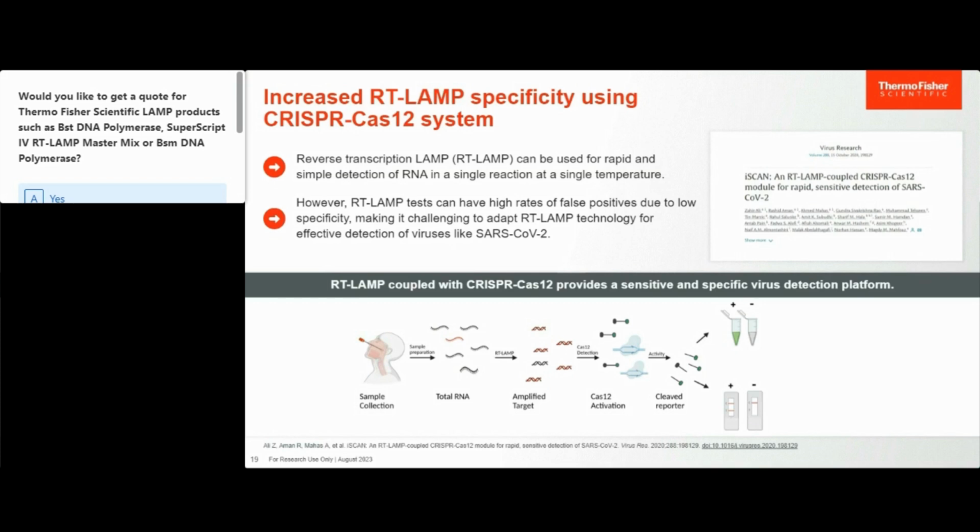In the picture below, you can see the principle of the method. First, they collected nasal swabs from patients and extracted total RNA. For the amplification of SARS-CoV-2 RNA, they used an RT-LAMP reaction. Amplified products were detected by adding Cas12 cRNA complex to the reaction together with a fluorophore quencher reporter.